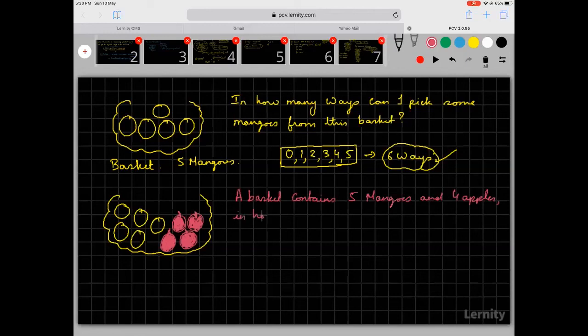In how many ways can I pick fruit from this basket? Now can you think and work it out?